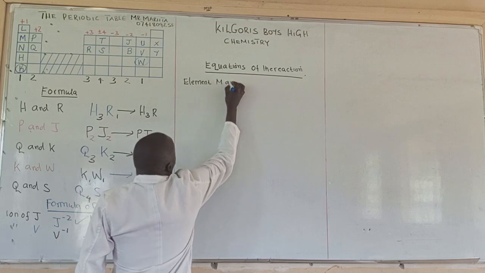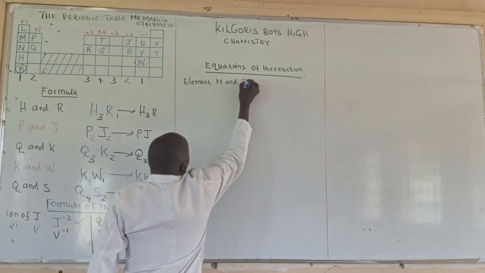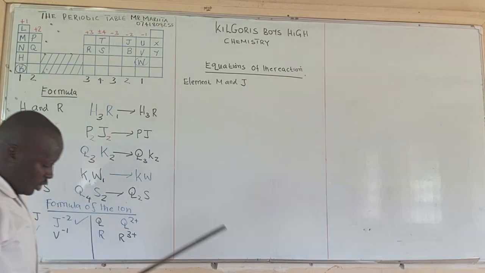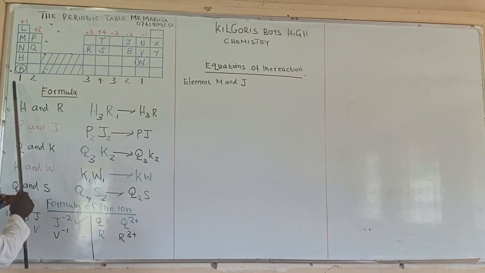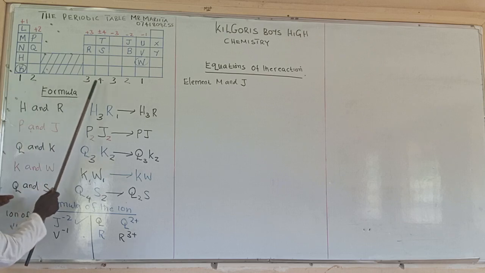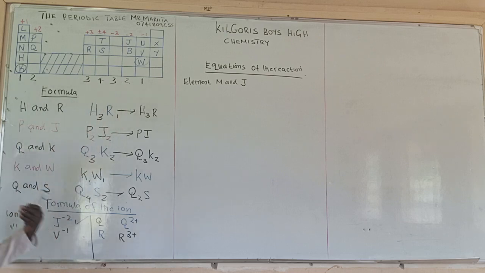We are writing the equation of the reaction. We normally use the formula. We are using these numbers 1, 2, 3, 4, 3, 2, 1 to write the formula first of the compound formed, and then we can write the equation of the reaction.